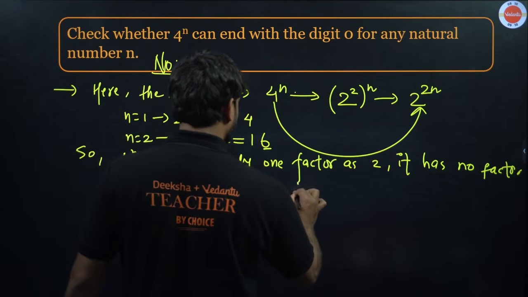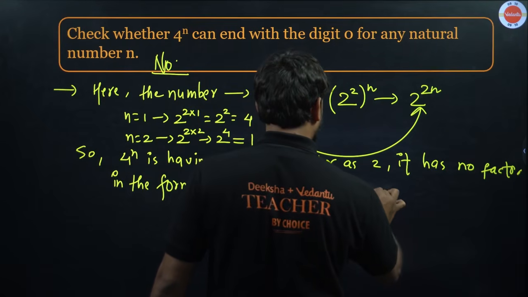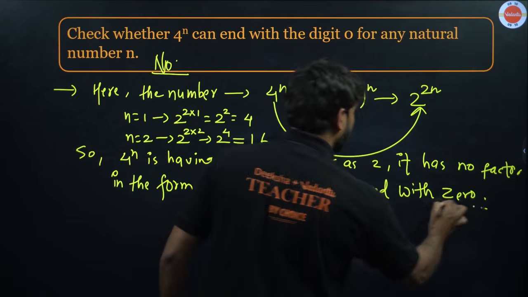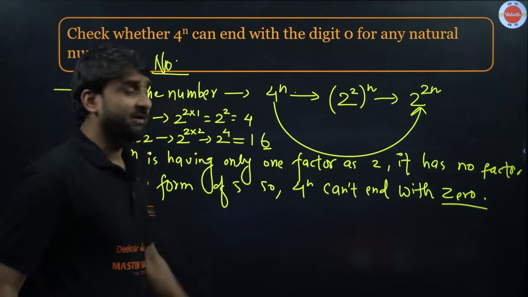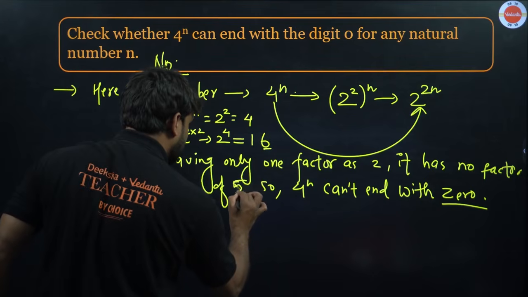So 4 to power n cannot end with 0, because only one factor is there, 2. If the number 4 to power n is ending with 0, it should have factor 5.